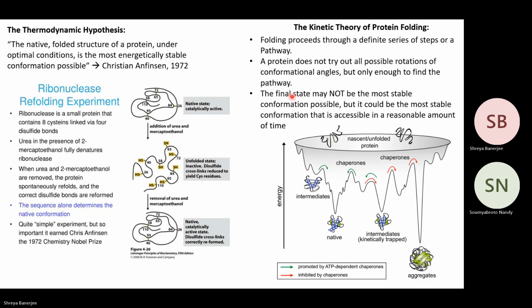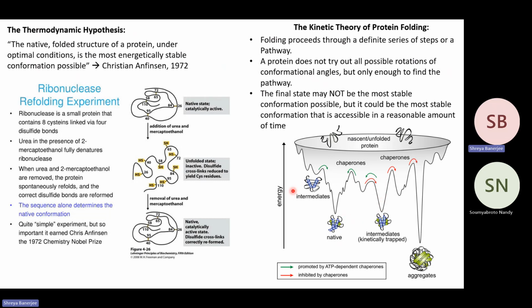And while the protein is folding, you can see that there are different intermediates, but there is only one native state. Sometimes there can be certain states which are very close in energy to the native state, but that is not the native state.